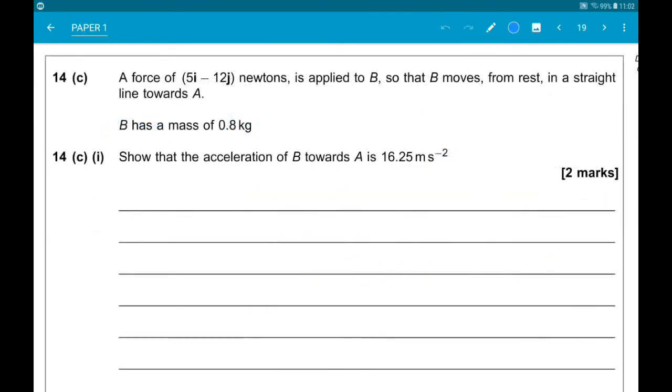Okay, then for part C, we are told a force of 5i minus 12j newtons is applied to particle B so that it moves from rest in a straight line towards A. B has a mass of 0.8 kilograms. Part 1, show that the acceleration of B towards A is 16.25 meters per second squared. Okay, so for this, we're going to need force is mass times acceleration.